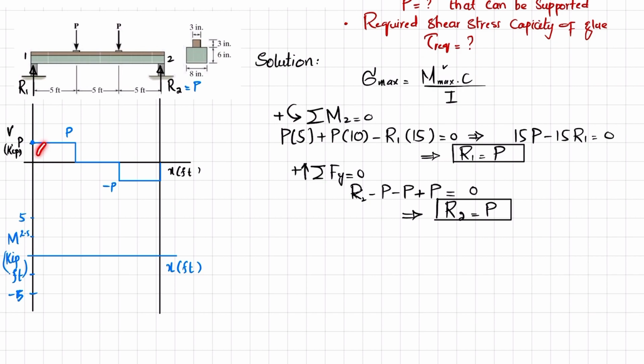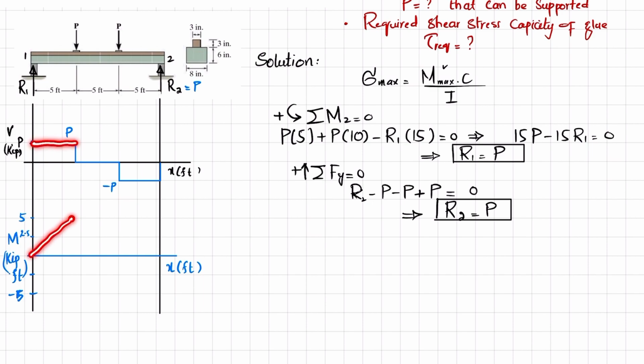Now the first area under the shear force diagram is equal to P times 5, which is equal to 5P. Clear? So we will plot that; this is your 5P, and it will be a straight line, because you can see that the shear force is a horizontal line with 0 degree slope, so the bending moment will be one degree higher.